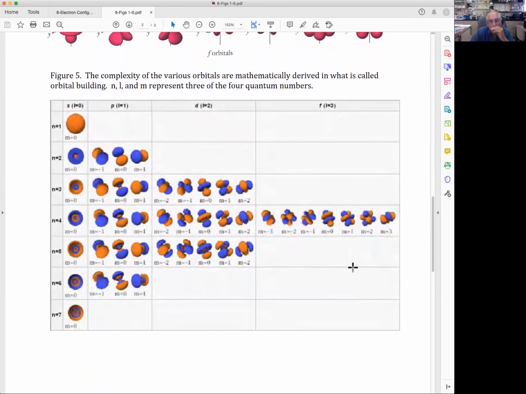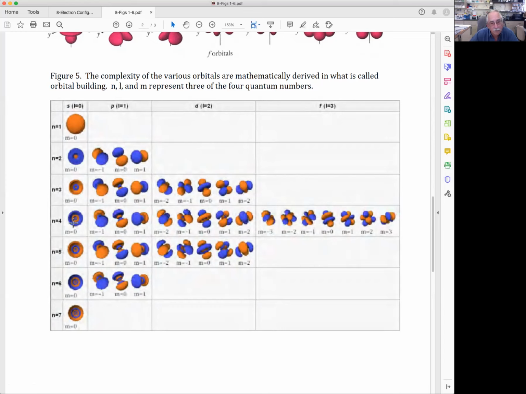So here's another way to look at it. Here's the most simple, and N is the shell. Notice that as the shell gets higher, there are more electrons in it, and it gets more complicated. So this is the simplest. And then you get to shell number 2, you also have that one, but you have P's. You get to shell number 3, you have that one, P's, then you have D's, because you got more electrons.